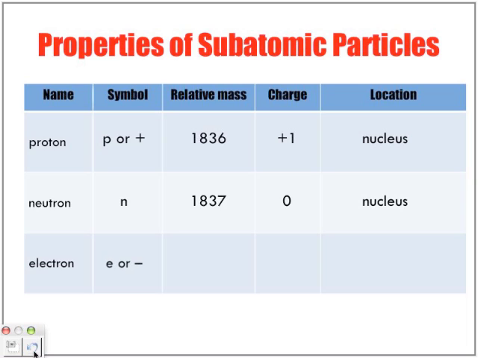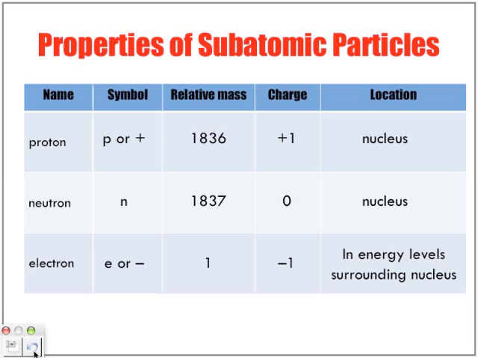For the electron, we're going to give the symbol E or a negative sign. The relative mass is 1, very light, the lightest part of the atom. The charge associated with the electrons is -1, and their location is in energy levels surrounding the nucleus.